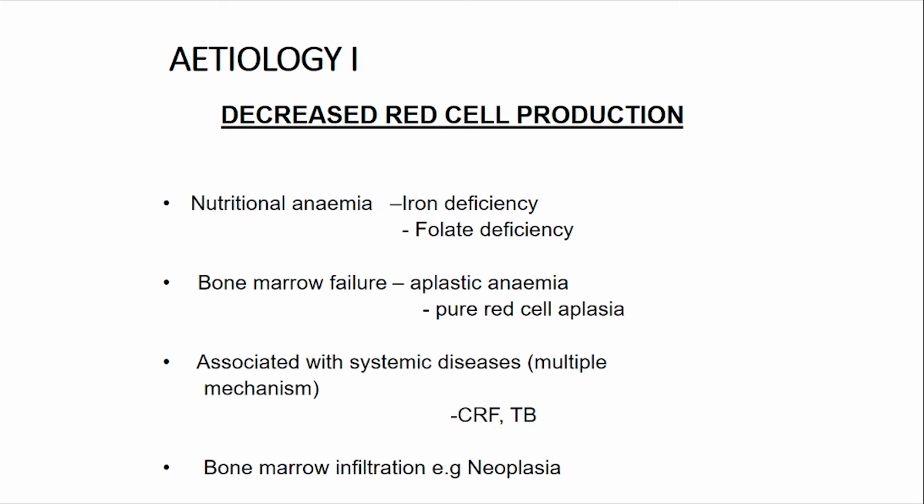It could also be from bone marrow failure, for which aplastic anemia and pure red cell aplasia will be responsible. And if there is associated systemic disease like chronic renal failure, tuberculosis could present as anemia in pregnancy. And if there is bone marrow infiltration by a neoplasia, it could also be a cause of anemia in pregnancy.